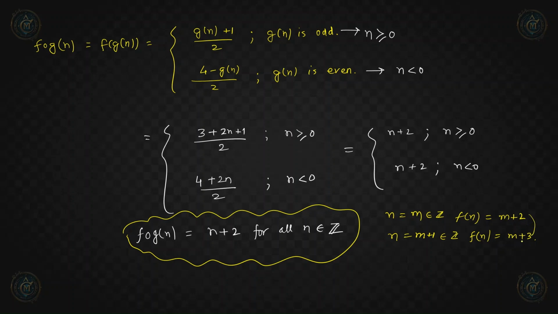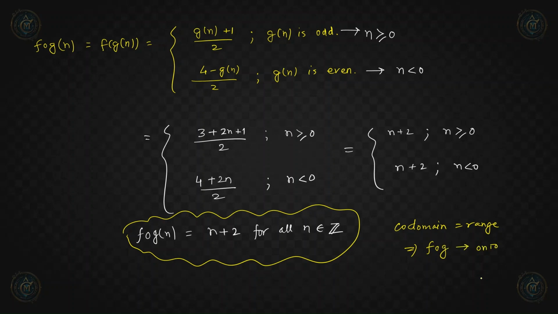That means we have got all the integers covered. So if the codomain is the set of all integers, the range is also the set of all integers. So codomain equal to range, that means this f of g function will be onto.